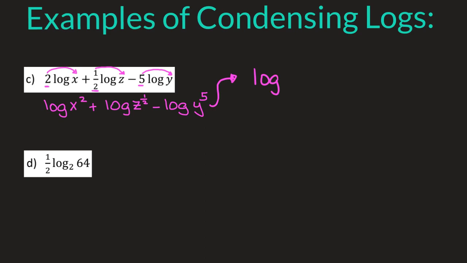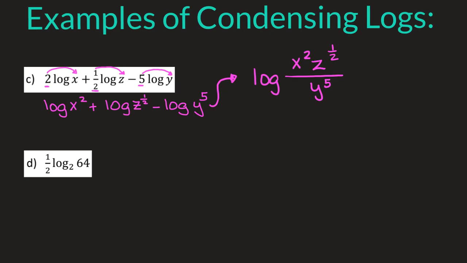We know that the x squared and the z to the 1/2 are being multiplied, so those are going to be in our numerator. So we have x squared, z to the 1/2, all over y to the 5th. Now, let's look at that again. Is there anything that we can simplify further? Actually, there is.